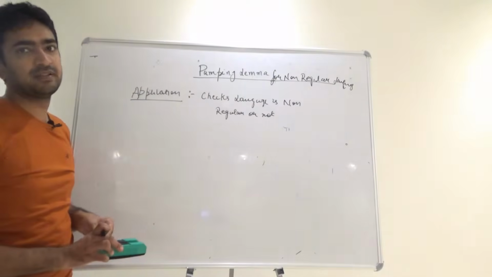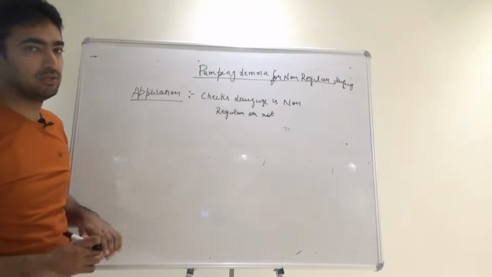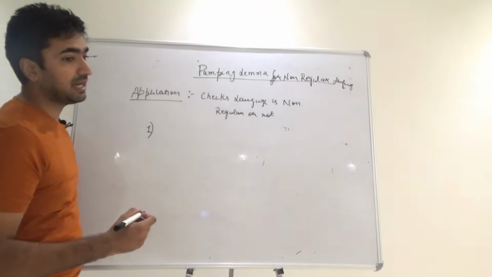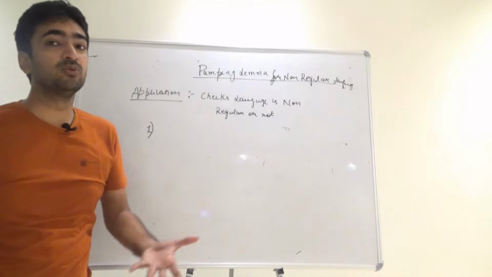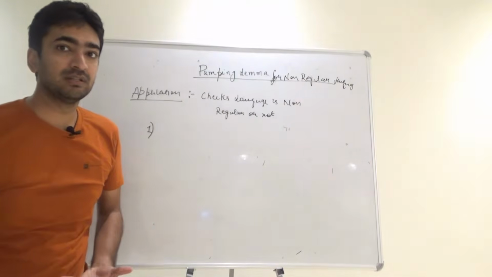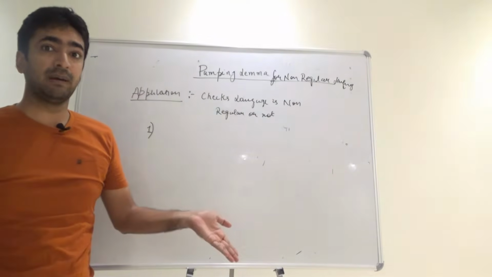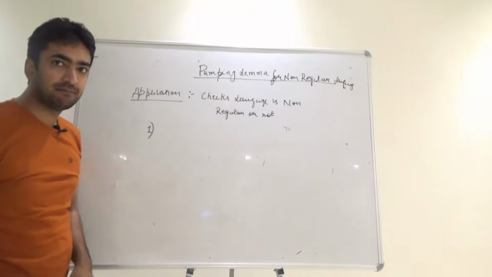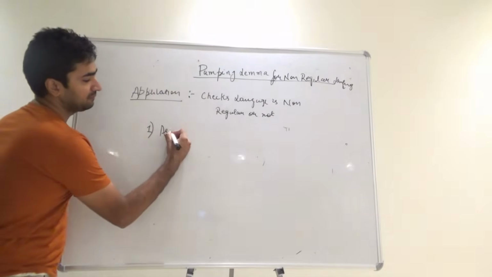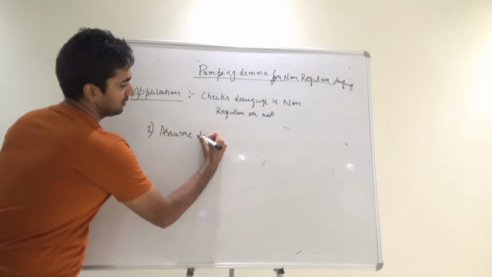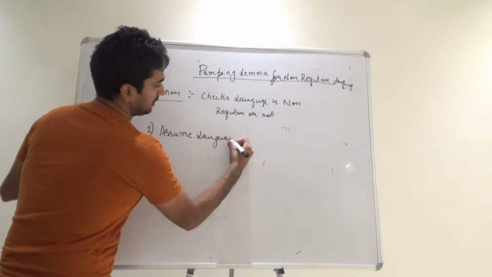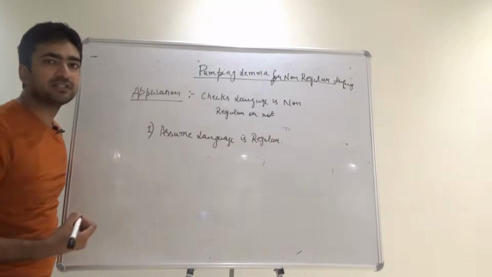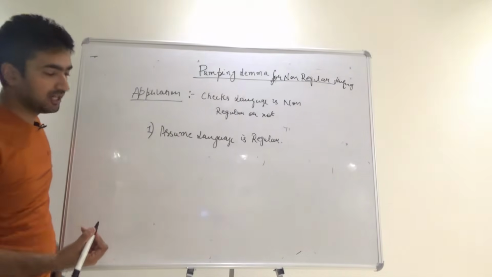Now there are three basic steps that we use to prove the language is non-regular. The first step is that we have to assume that it is a regular language, because we are going to prove it vice versa after the third step. If the language is regular, there will be a string.